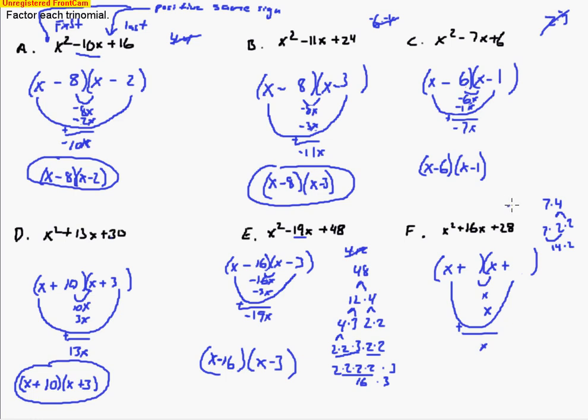Let's cross off 7 and 4. Actually, we said we would do 14 and 2. So 14 times x makes 14x. 2 and x make 2x. Those numbers do add up to make 16. It works. So there it is. We've got our answer, x plus 14 and x plus 2.